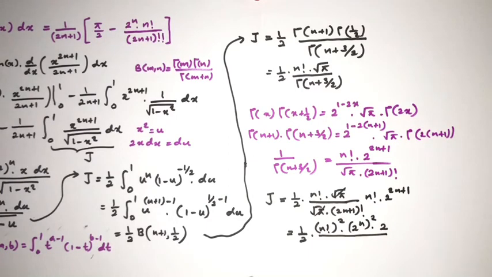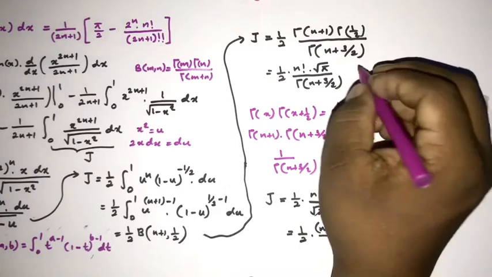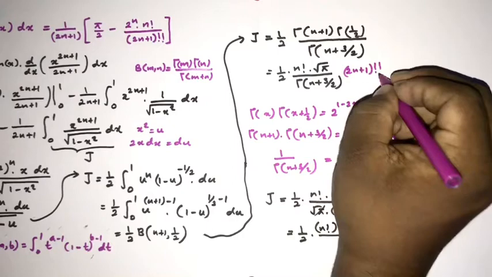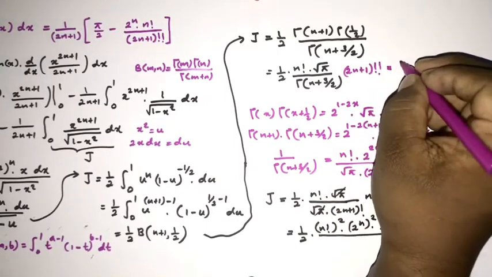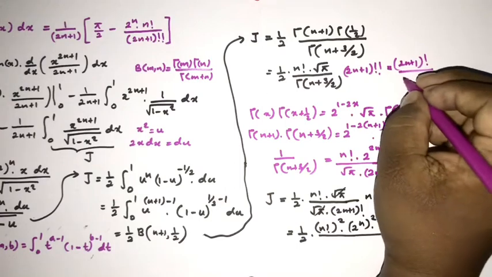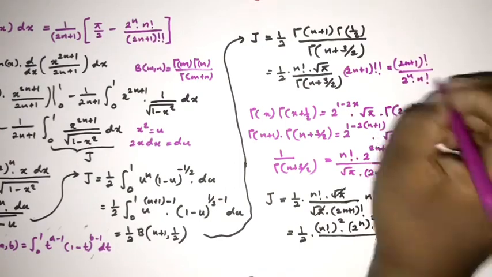But we know this relation: 2n plus 1 double factorial is equal to 2n plus 1 factorial over 2 to the n times n factorial.